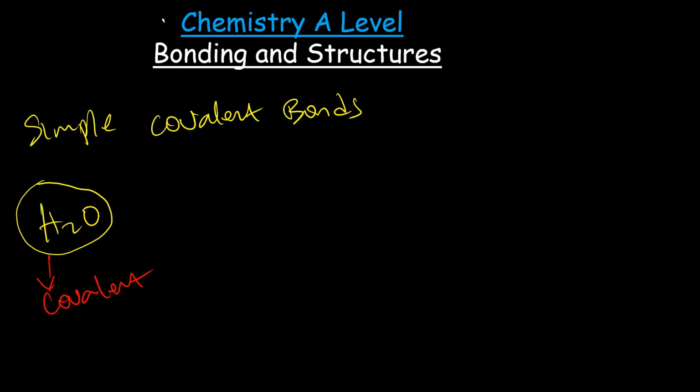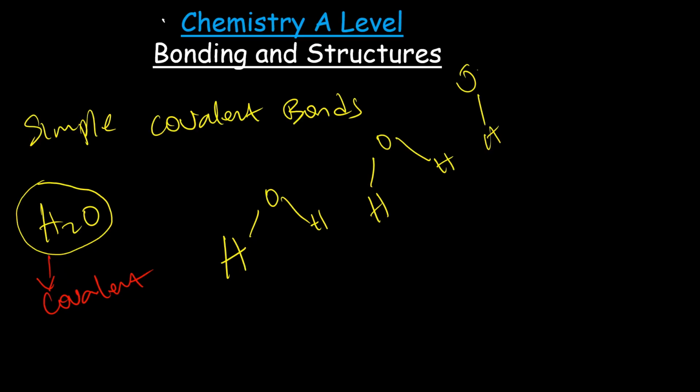So, for example, we have H2O, and let's try and represent the structure. We have this water, and we have another water molecule. Now the intermolecular force that is holding the simple molecules together is known as a simple covalent bond, and it's a van der Waals force.